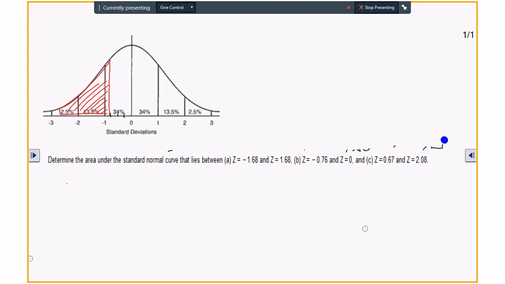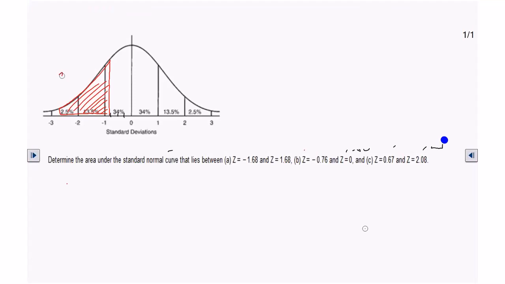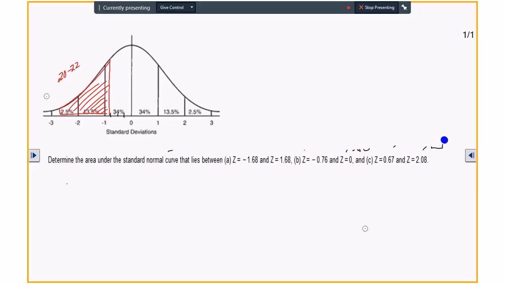Well, 32 would be 8, so let's just say 8 or 9. So that'd be 8 plus 16, which comes out to 22 or so. Okay, around 20 to 22. So if you look in the table and you get 48%, then you know you're doing something wrong. So we know that's about 22%.